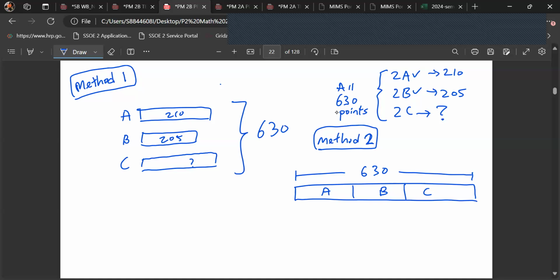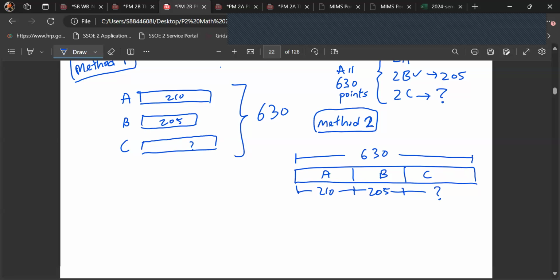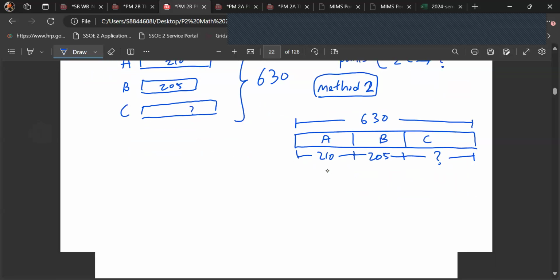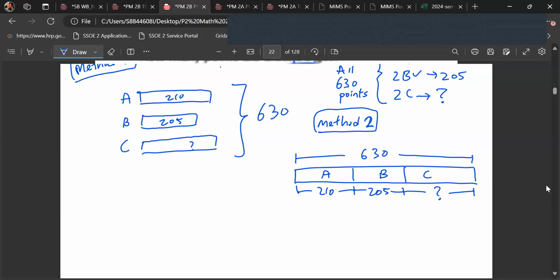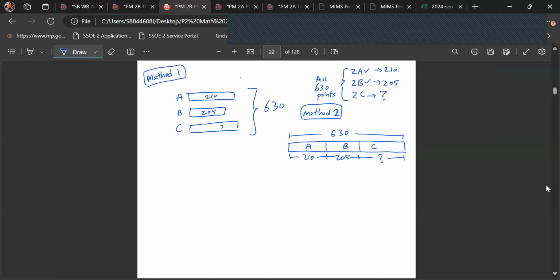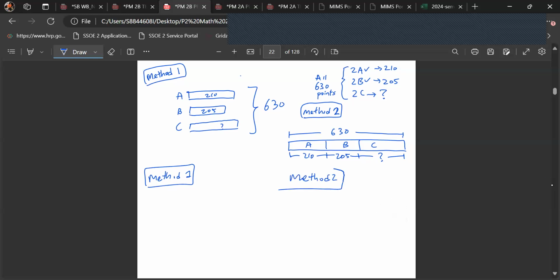Okay, so this one I know 210. This one I know 205. This one I don't know. So there are two ways to solve this question. Two equations. Okay. I can do by method 1 or method 2. For example, I can start with O minus A first.